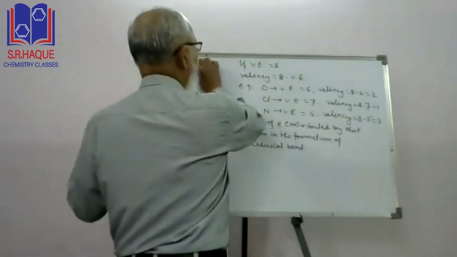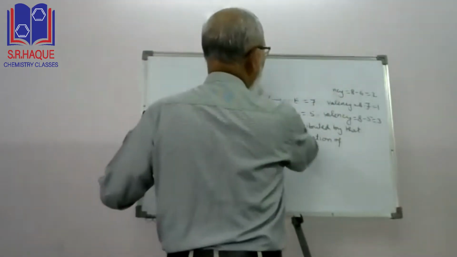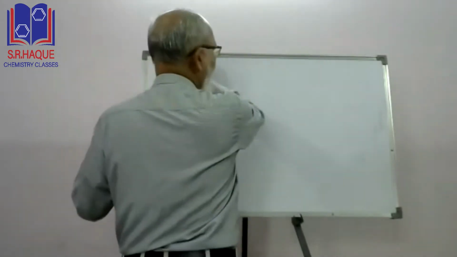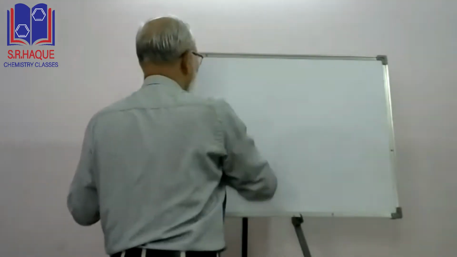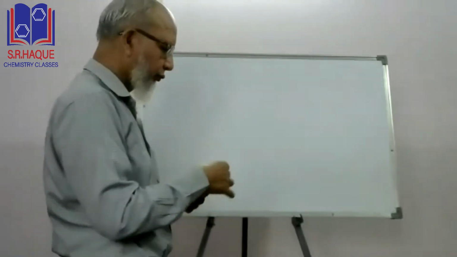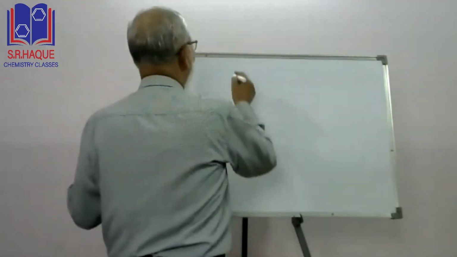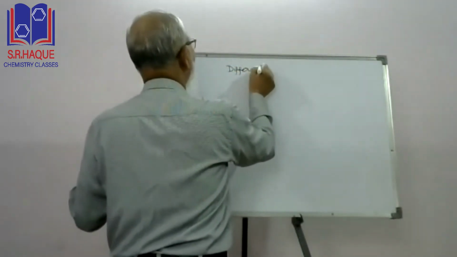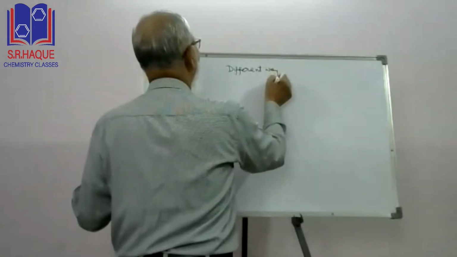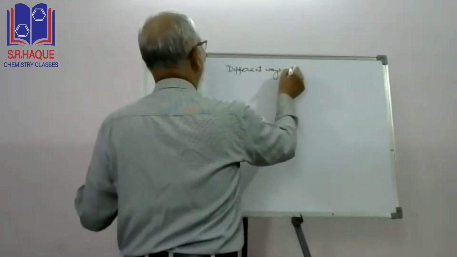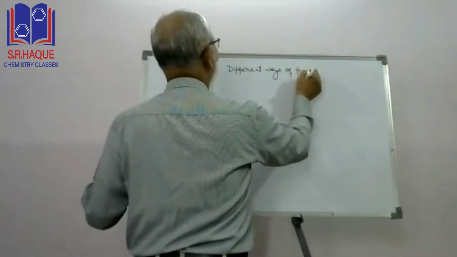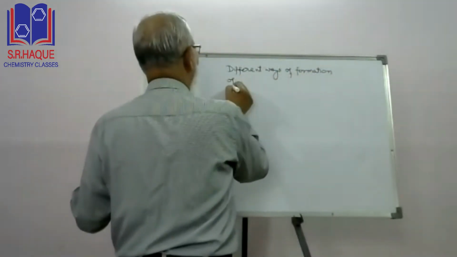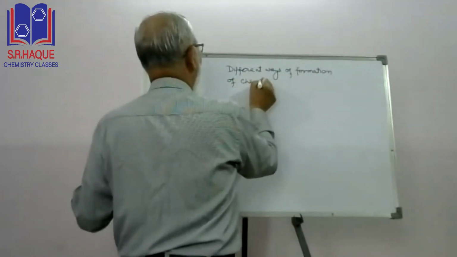Now, what are the different ways in which the atoms can combine to form the chemical bond, or what are the different kinds of chemical bond? Different ways of formation of chemical bond.